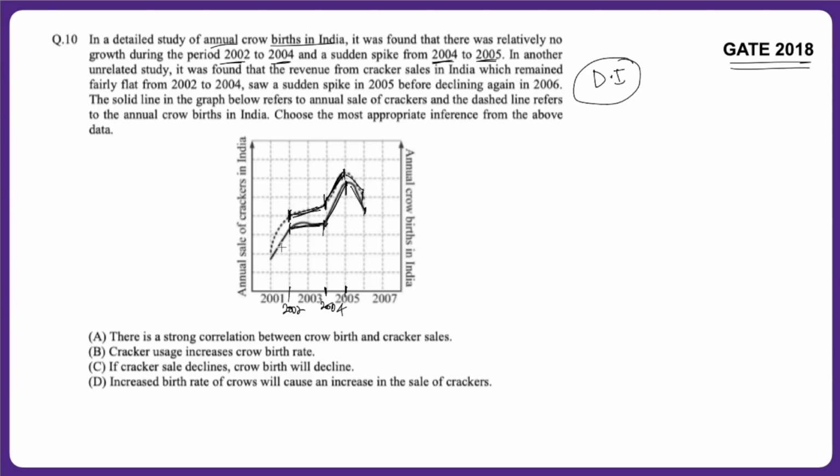So what you can see is as the cracker revenue is changing, the crow birth data is also changing, right? So although both the things logically do not have any relationship among each other, still the data suggests that there is a strong correlation between the crow birth and cracker sales. So that's going to be your correct answer according to the data which you are interpreting over here.